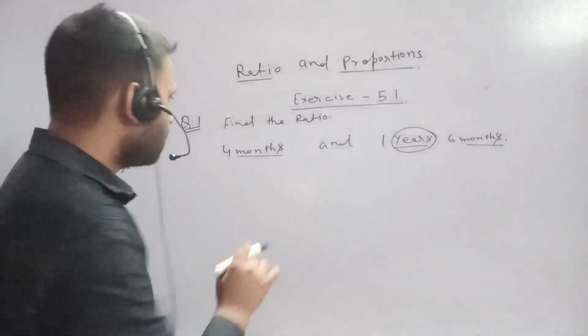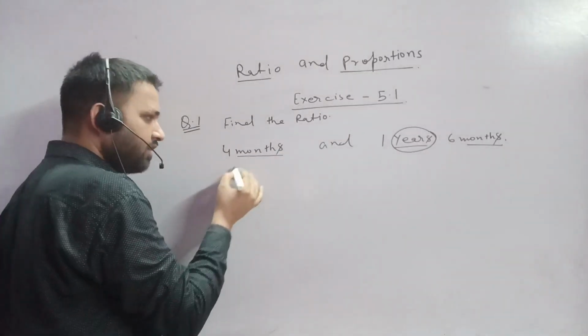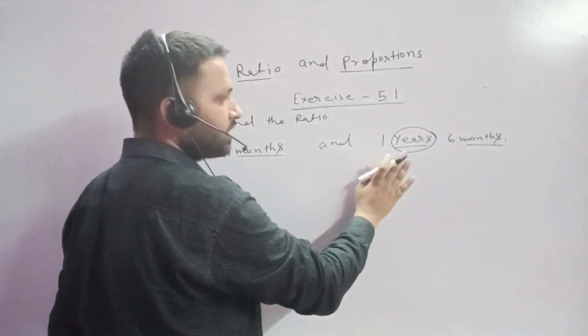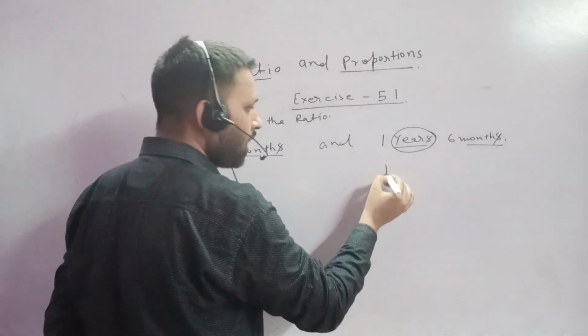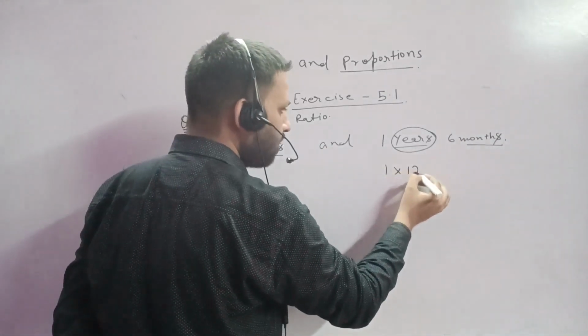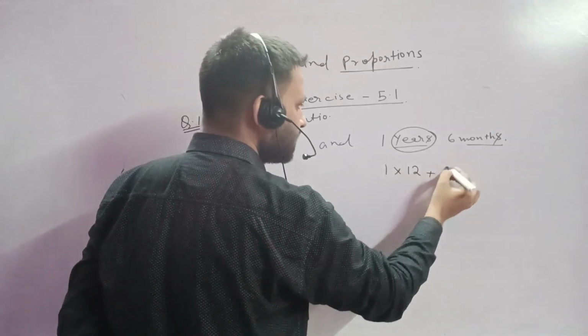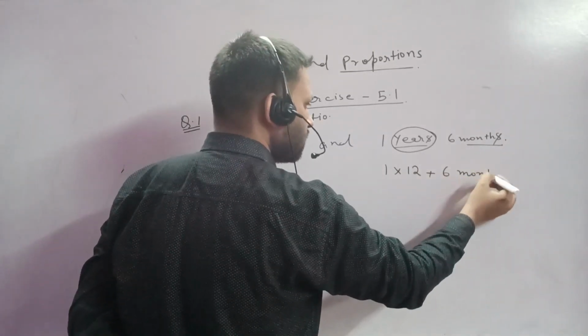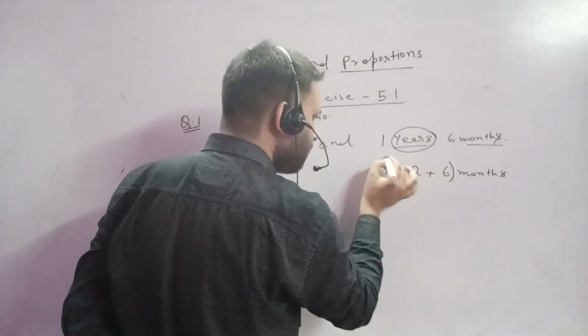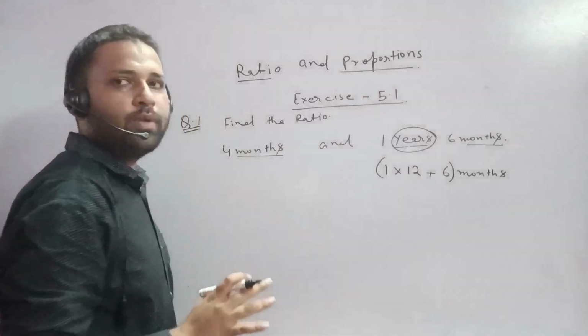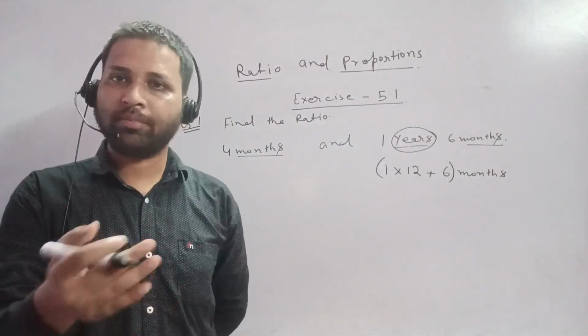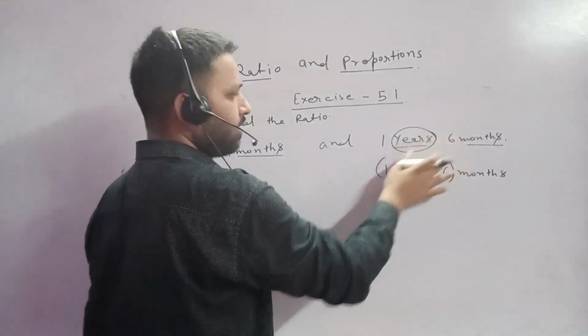The first number is left as it is, no problem, but the second creates a problem. 1 year means 1 into 12, plus 6 months. If we multiply 1 year by 12, it is converted into months, so all the numbers are in months.